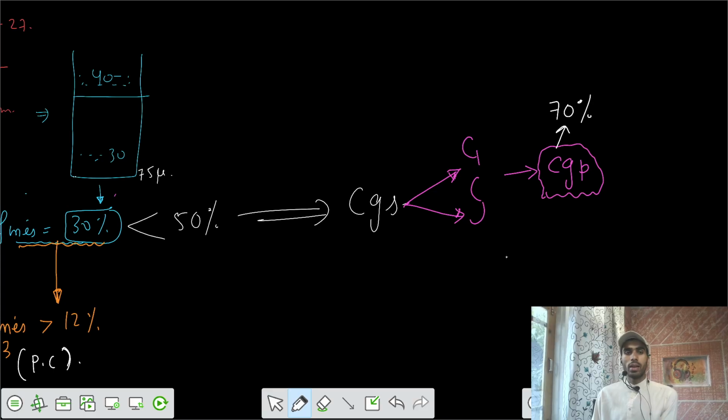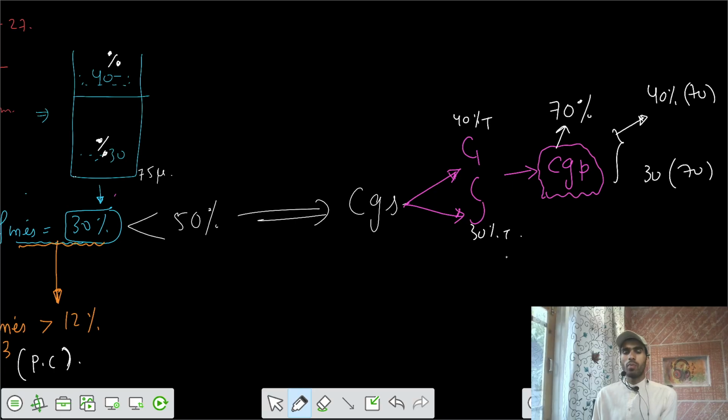Now out of that, we can directly say that if gravel is 40% of the total and sand is 30% of the total, that means gravel is more as compared to the sand. Gravel is 40% of the total, and this is 30% of the total. We would have to calculate percentage in terms of CGP, that is 40% of 70% and 30% of 70%.